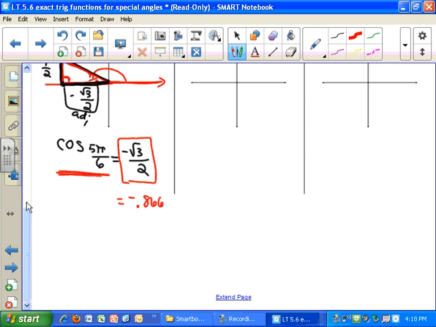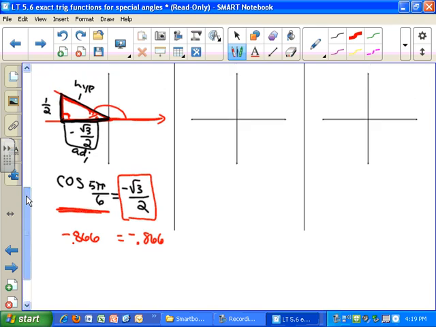And making sure that your mode is set to radians, type in cosine of 5 pi over 6. Should give you the exact same answer of negative 0.866. That's a way that you can check your answers while you're working on your homework to make sure you've got the right thing down.